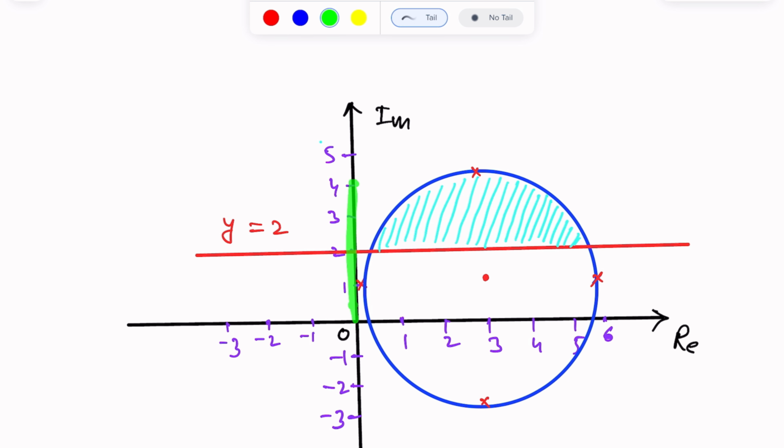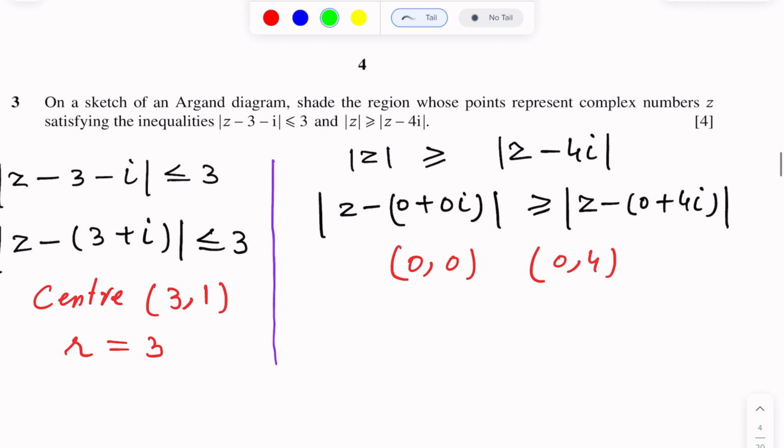So this red line is the perpendicular bisector. So y is equal to 2. This line passes through 2. So y = 2 is the locus for the second inequality.